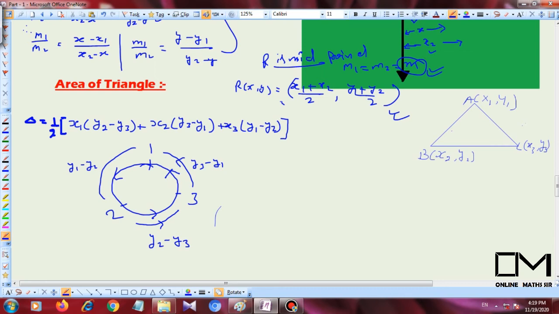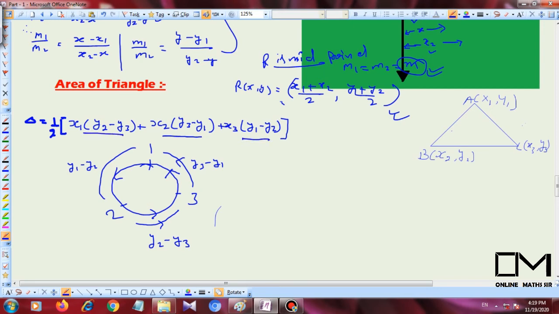Then what is the area of this triangle ABC? This is the formula of area of a triangle: half bracket x1 in bracket y2 minus y3 plus x2 in bracket y3 minus y1 plus x3 in bracket y1 minus y2.